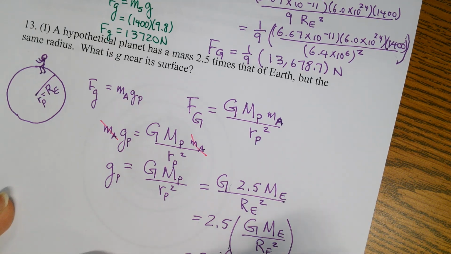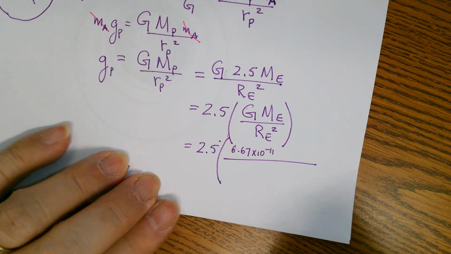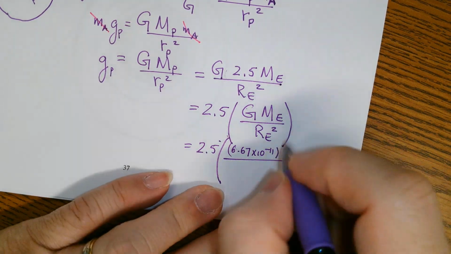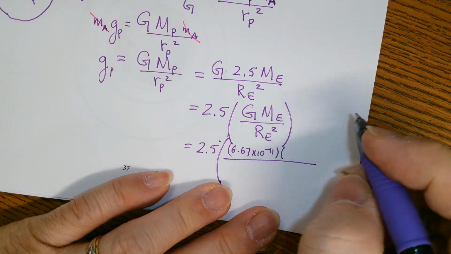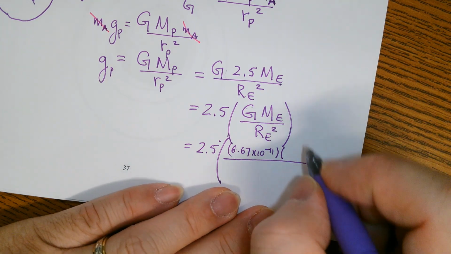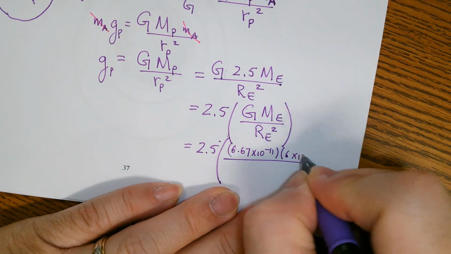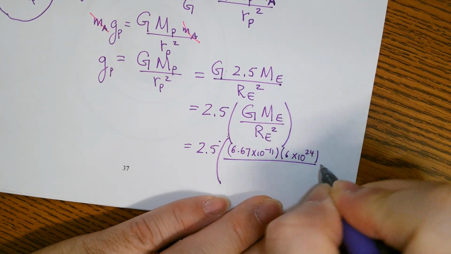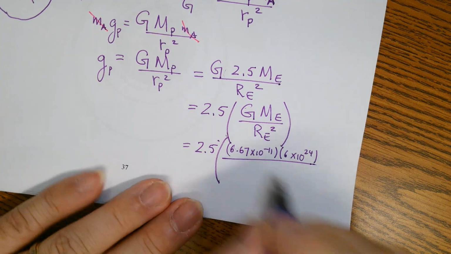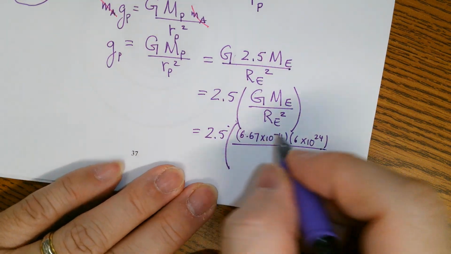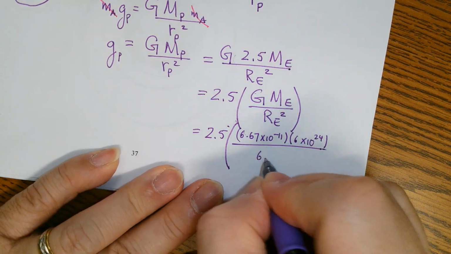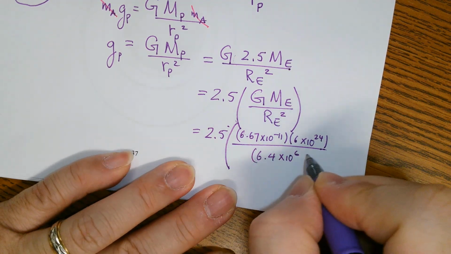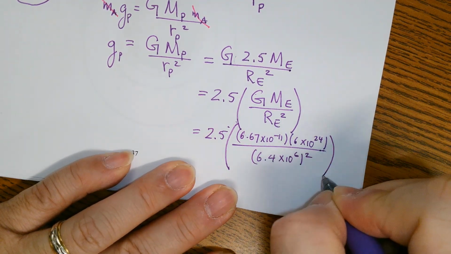6.67 times 10 to the negative 11 times the mass of the Earth, which is, what's the mass of the Earth? I'm going to say 6 times 10 to the 24th, divided by the radius of the Earth, 6.4 times 10 to the 6, quantity squared.